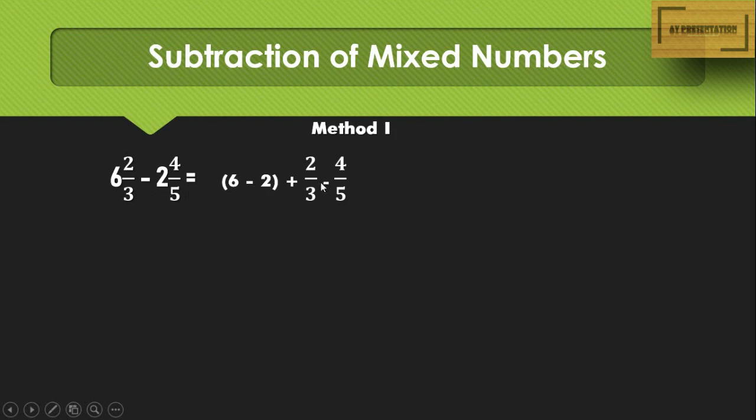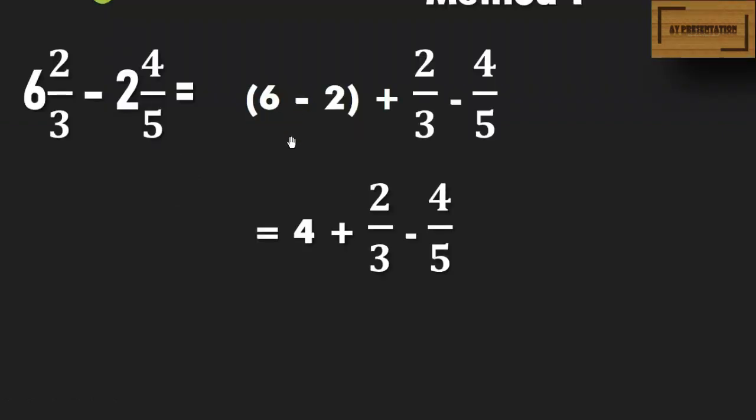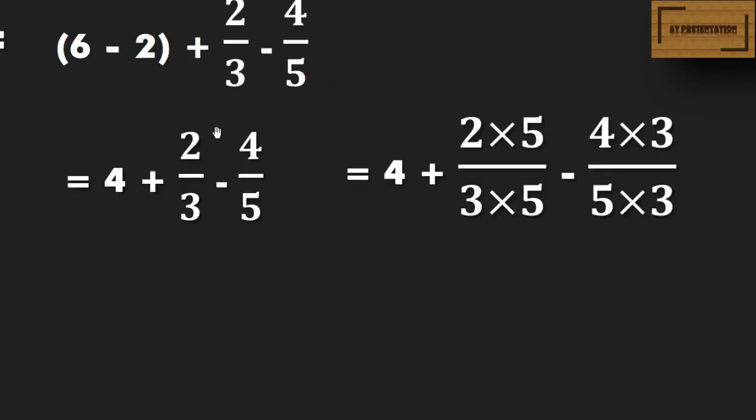Use the minus sign in this position. 6 minus 2 is 4, then plus 2 upon 3 as it is, minus 4 upon 5, and 4 is written here as it is. Then using the previous method, make the equal denominator of both fractions.